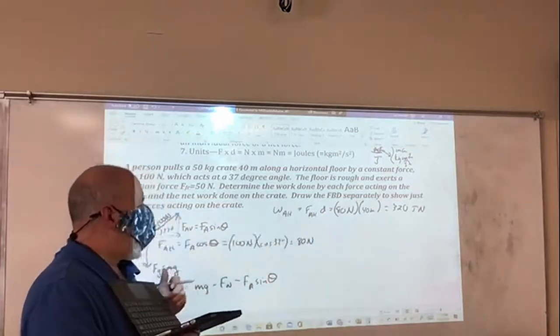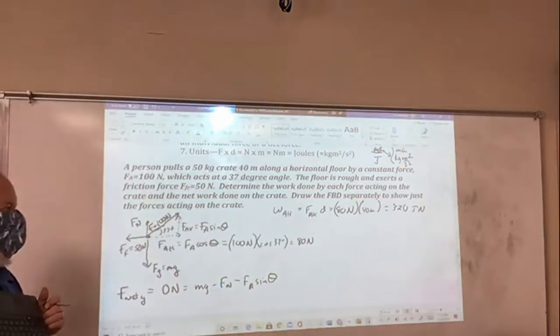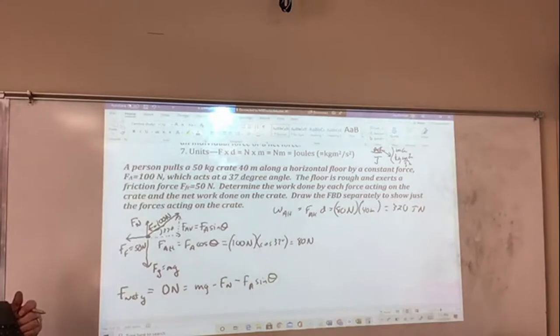Now, how else could I have done this? What did I say that my work formula actually is? I didn't say that it's just FD. What did I say that it was? FD cosine of theta.